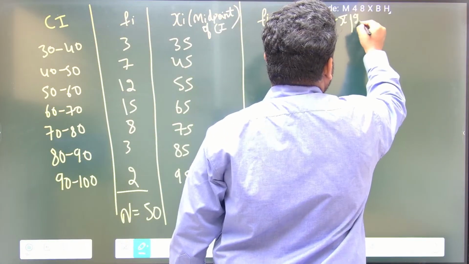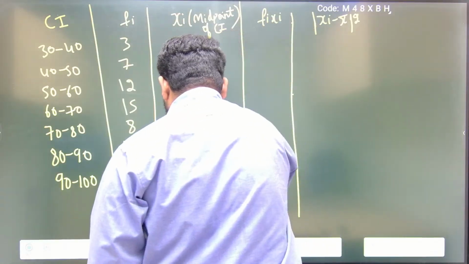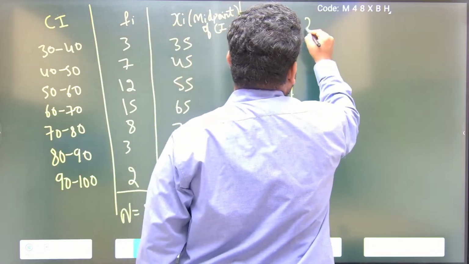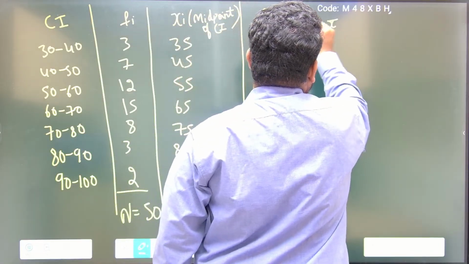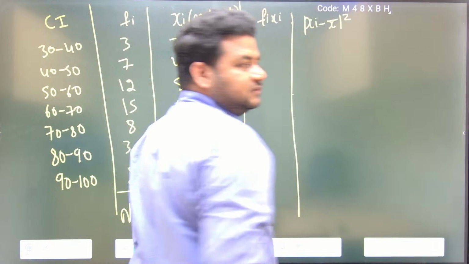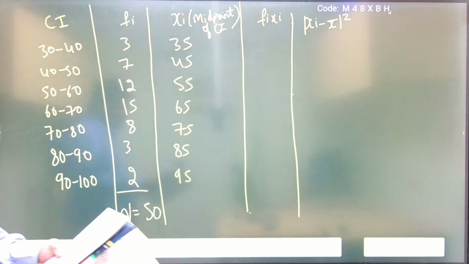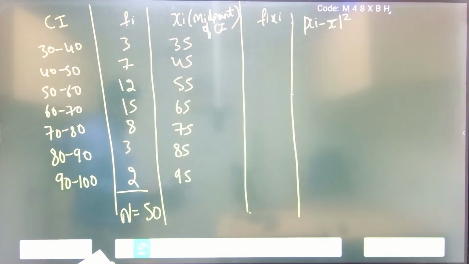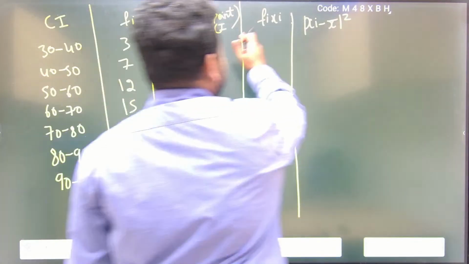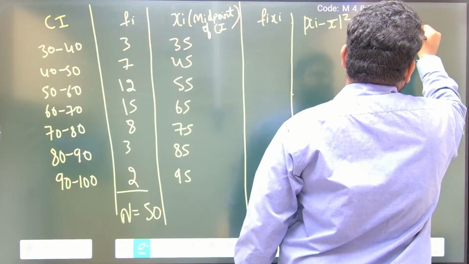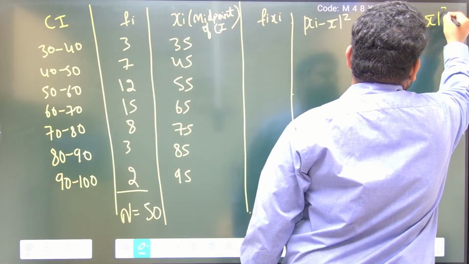So in this column we write xi minus x bar whole square. Next is fi into xi minus x bar whole square. This is what we have.